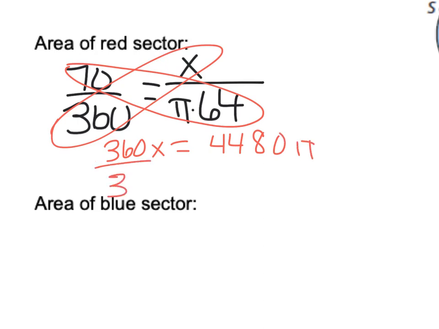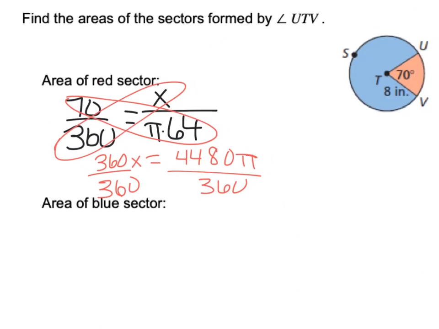And then we just need to use our calculator and divide both sides by 360. Okay, 4,480 times pi divided by 360. Make sure you're doing these in your calculator. Don't just let me do all the work here, but actually put it into your calculator, and you should get 39.1. It should be in inches squared.